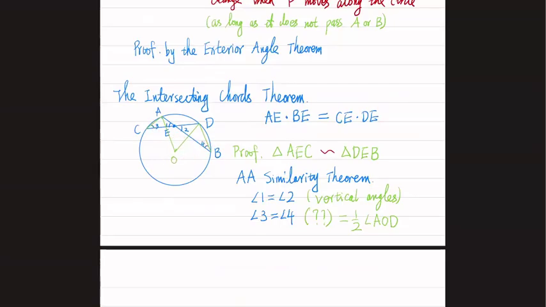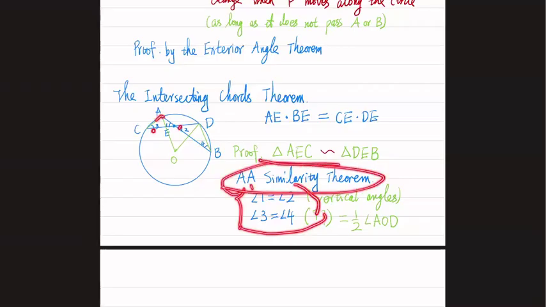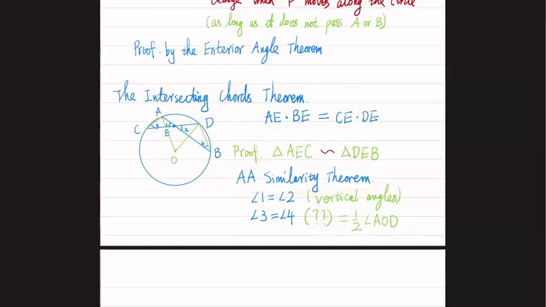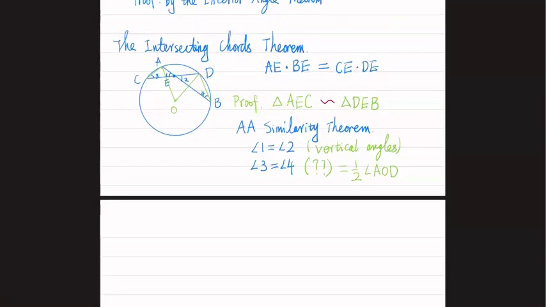Okay. Now we have two pairs of angles with the same measure. The two triangles are similar by the AA similarity theorem. Then the corresponding sides have the same ratio.